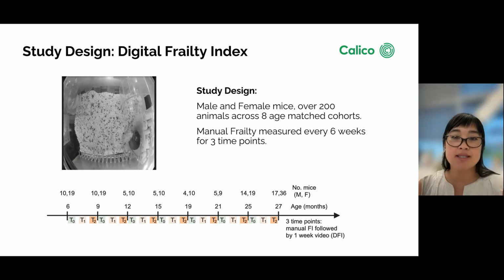Our plan was to do a semi-longitudinal and cross-sectional study design, again, based on our time constraints. So the timeline below shows the age of the mice and the number of male and female mice assigned to each cohort. Every 6 weeks, we would take a manual frailty measurement, followed by a 1-week session recording in video.